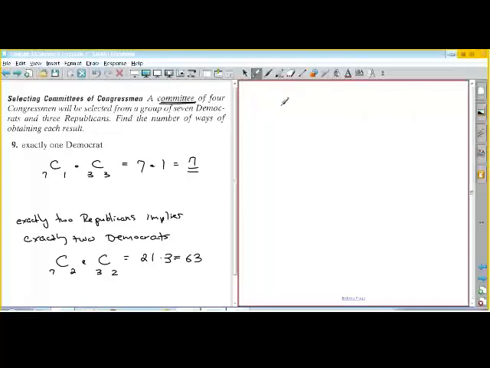Okay, now let me make up a little more difficult problem. I'm going to do one, and then I'm going to ask you to do the next one. Let's say we have a committee of 3 Democrats and 4 Republicans.